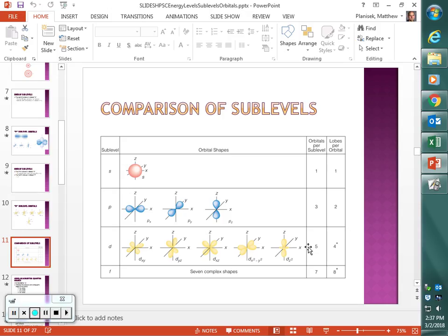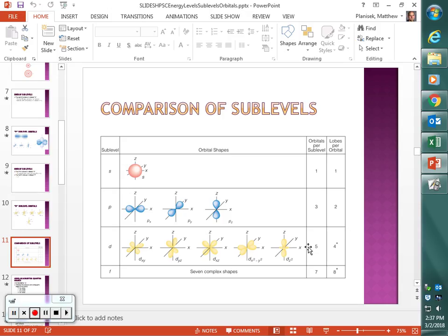The next shape we introduced was the four-petaled flower. Four-petaled flowers we refer to as d orbitals. Regardless of what color they are, if they're the four-petal flower, they're d orbitals.